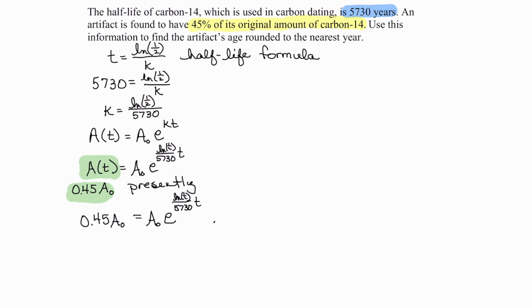Now every living thing has carbon-14 present, and so my original amount of carbon-14, as long as my artifact was made of something that was alive when it was originally made, A sub 0 will not be 0. So we can divide both sides by A sub 0 because we're not dividing by 0.